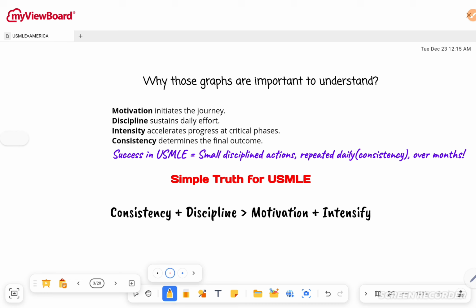So, for success in USMLE, we need a small disciplined action repeated daily, which we call consistency, over months, not for one day, for the time we have fixed to prepare for the USMLE and sit in the Step 1 exam. So, the simple truth for the USMLE, after analyzing all these graphs, is that we need consistency and discipline more than motivation and intensity.